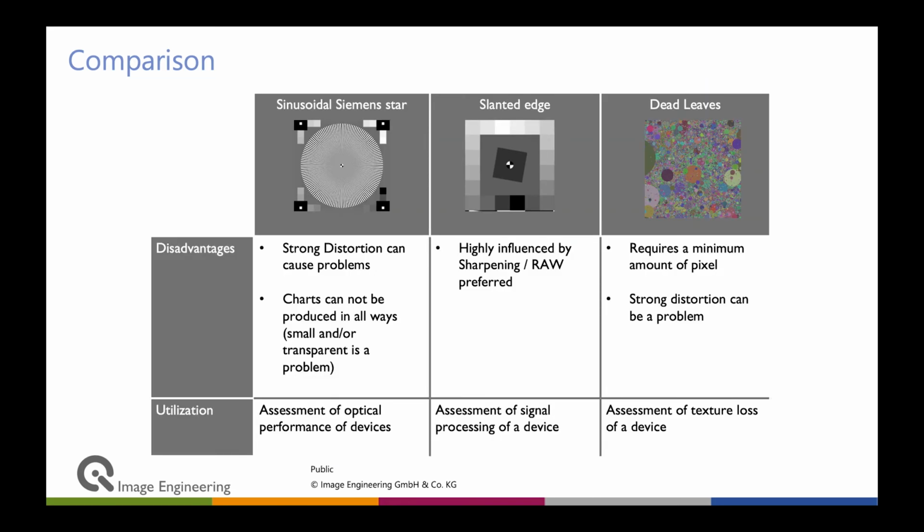So you might not be that flexible with the chart layout, and you cannot produce it in all flavors as you would like. Distortions can also be a problem for the dead leaves target, as we need to match image pixels with reference pixels. Another disadvantage of the slanted edges, as said, is that they are highly influenced by sharpening, so it might be a problem if you don't have raw data.